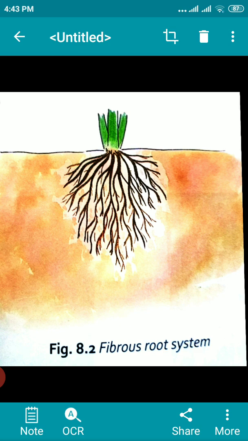They form the fibrous root system and spread out in the soil, giving support to the plants. They do not have a main root, otherwise the taproot is absent here. So this type of root system you can find in plants like wheat, maize, millet, grass. All these plants have the fibrous root system.